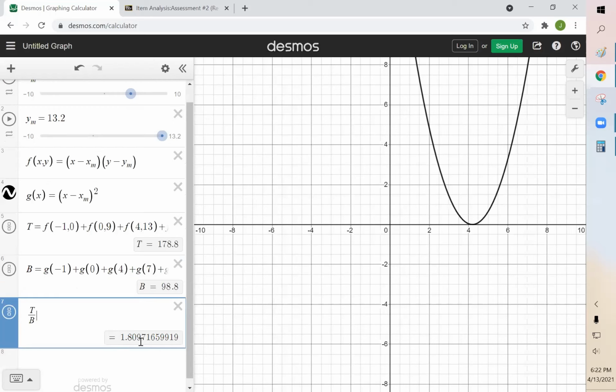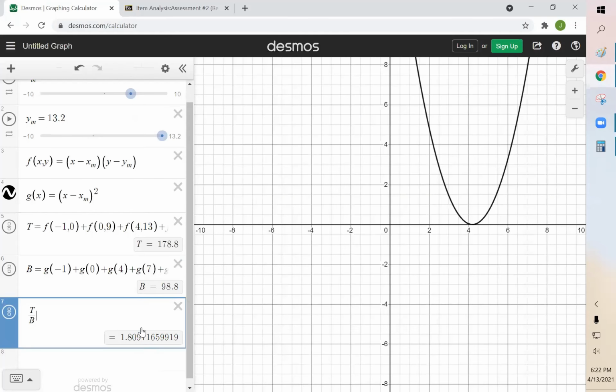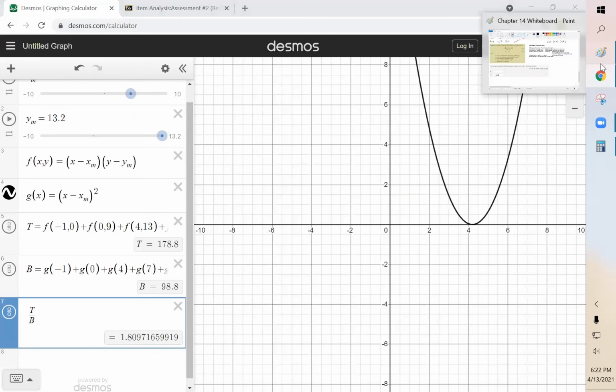If we round that to 3 decimal places, we get 1.810. So when you enter it here, you can put 1.810, but for the purposes of getting our B0, don't round this particular part till the end. If you want to enter this into Desmos, you can.